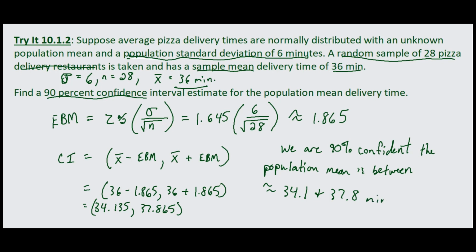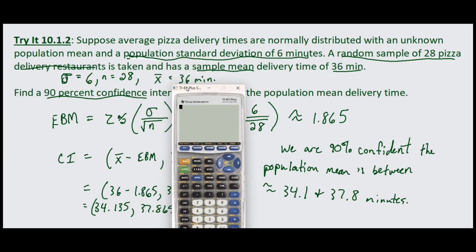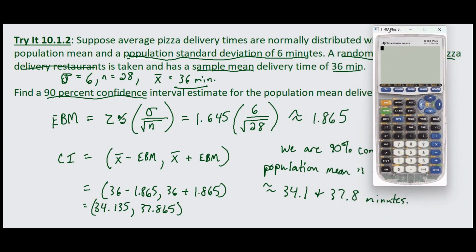minutes. Now we should know how to do this using our calculators as well. So let's go ahead and get out our graphing calculators just to check. How we would do this with a z interval such as this, we would go to Stat, Tests, scroll down to z interval, Stats.